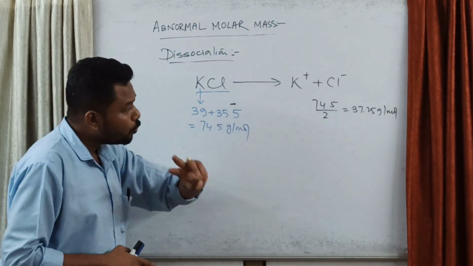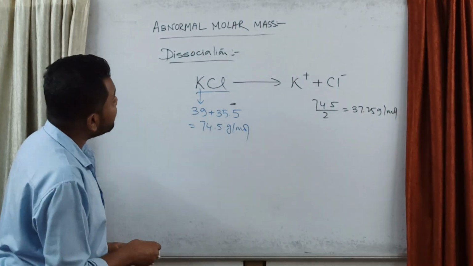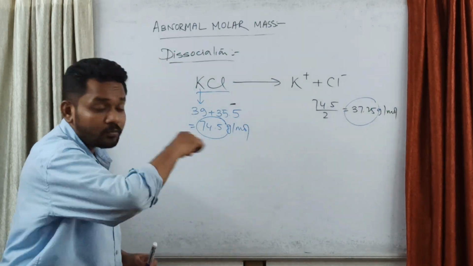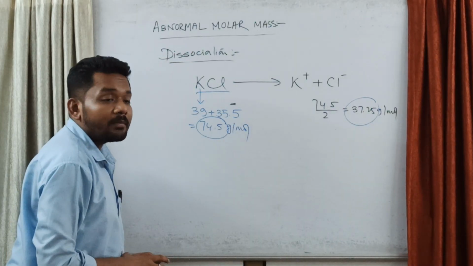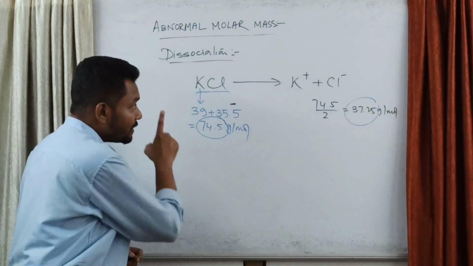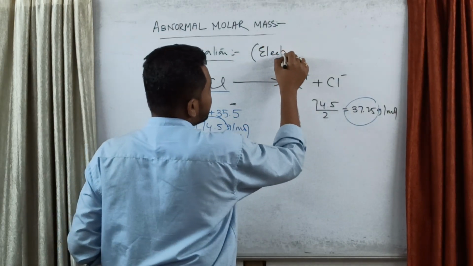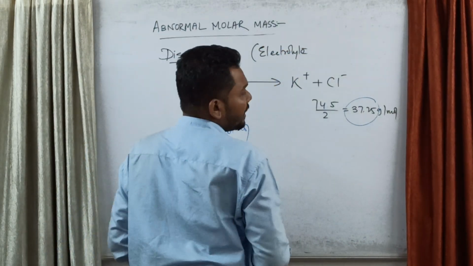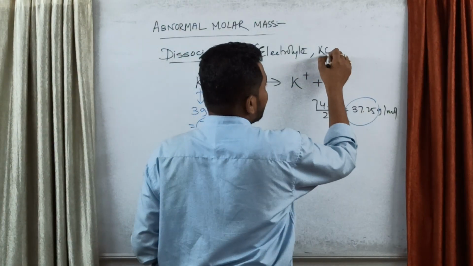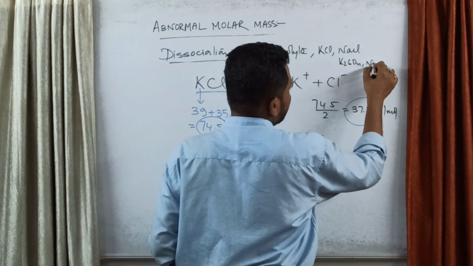That means there is a generation of two particles which will have contribution both 37.25. That means the molar mass is reducing from 74.5 to 37.25. That is why you have written, in dissociation the molar mass of solute decreases. This will happen for all the electrolytes. You can write in brackets, electrolytes. Electrolytes like KCl, NaCl, K2SO4, Na2SO4.